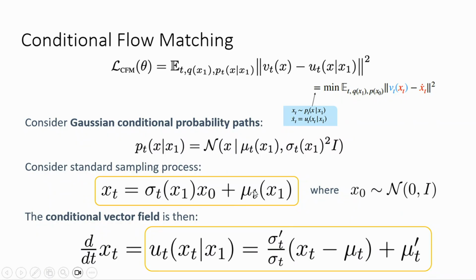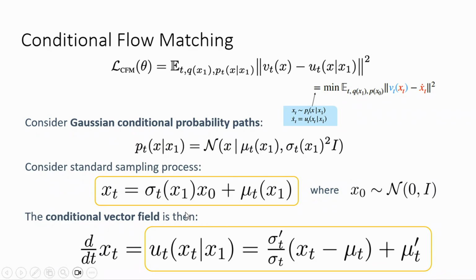Then we can compute exactly where x is given t, x0 and x1. We can also define the vector field, which is the derivative taken with respect to this function of t. Then we get all we need, because what we need is this conditional vector field.